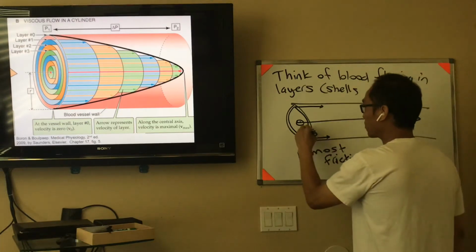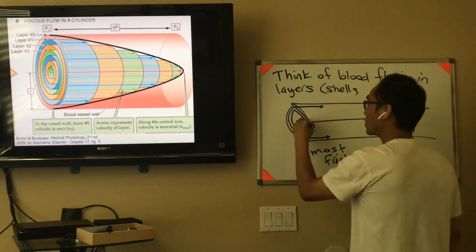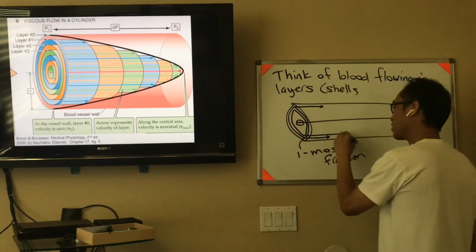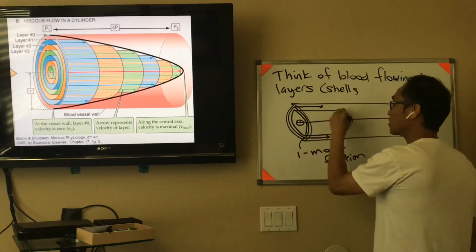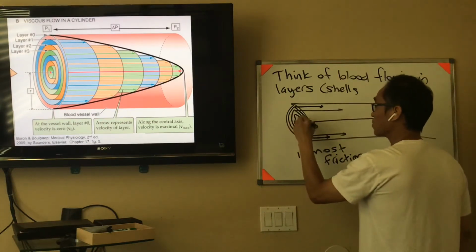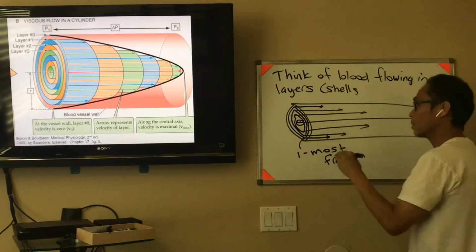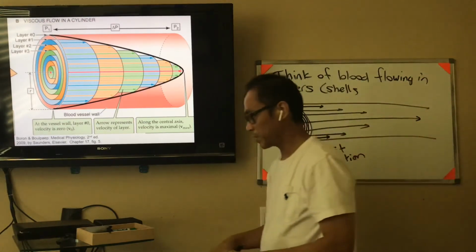But as you get progressively closer to the center, away from the vessel wall, you have less friction and more velocity. So you get closer and closer and closer. Okay, so that's what the data shows. That's why you get this picture like that.